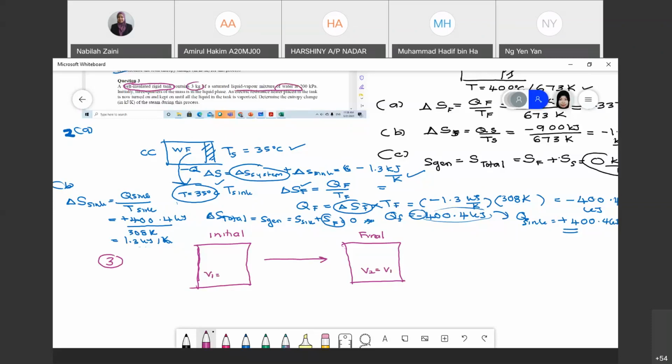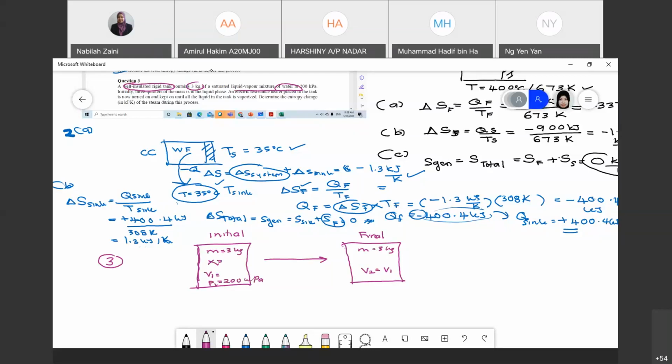It contains 3 kilogram of saturated liquid-vapor mixture of water, so you focus on tables A4, 5, 6 and 7. At the initial point it is a saturated liquid-vapor mixture, which means it involves quality because it is a mixture, and the pressure P1 is 200 kilopascal.